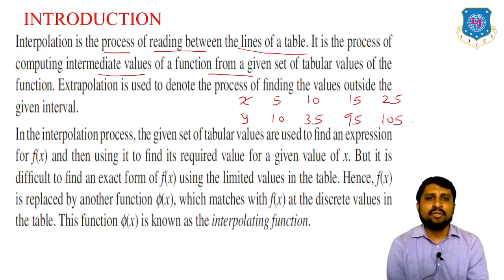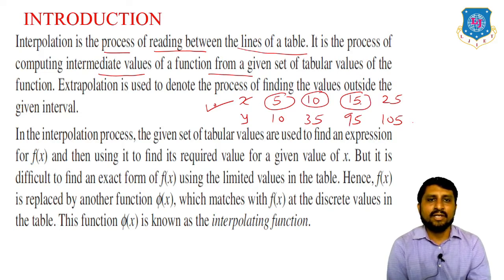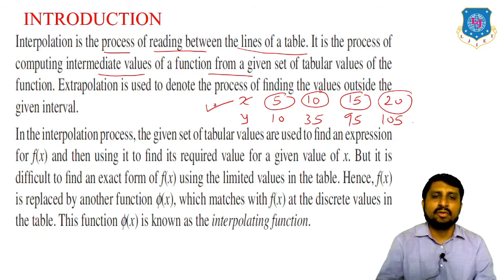Here, the finite difference, the difference between any two values of x, is fixed. 10 minus 5 is 5, 15 minus 10 is 5. Let's take 20 instead of 25: 20 minus 15 is also 5. So this is finite difference. Some of the methods for finite differences are Newton's forward interpolation, backward interpolation, and Stirling interpolation.